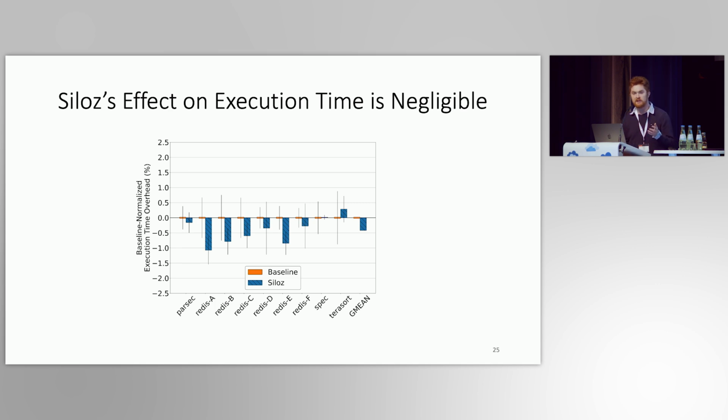But we were able to avoid that overhead in the vast majority of scenarios by the mere fact that, for example, if a guest is only allocated 2 subarray groups or 2 nodes, we know that the allocations will only ever come from that region, and we can avoid the vast majority of those iterations. In contrast, where Siloz can actually help with performance is the fact that we apply more stringent NUMA locality constraints to the system. So one example is that we found that extended page tables in the baseline system are often allocated with poor NUMA locality, whereas in Siloz we enforce that much more stringently.